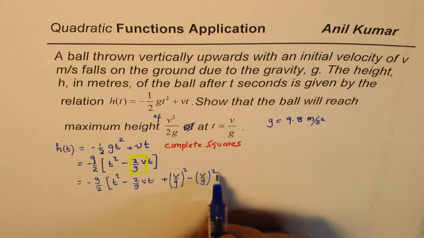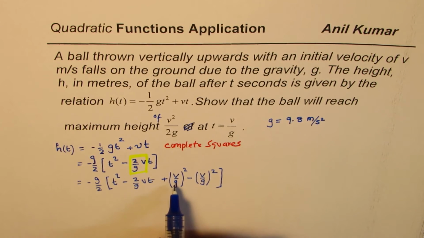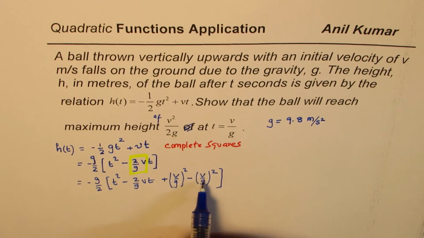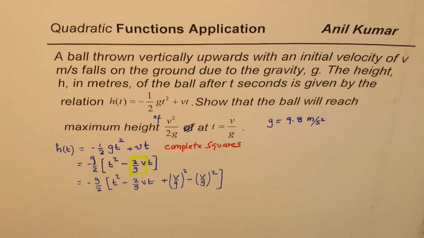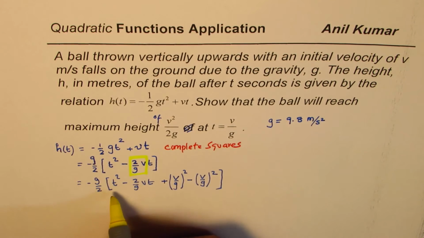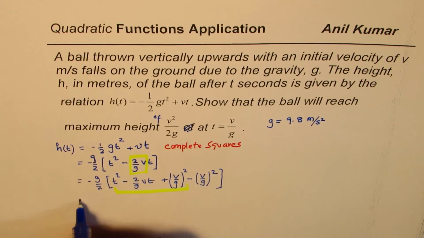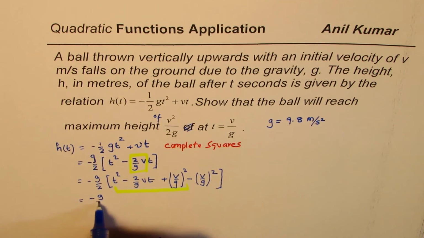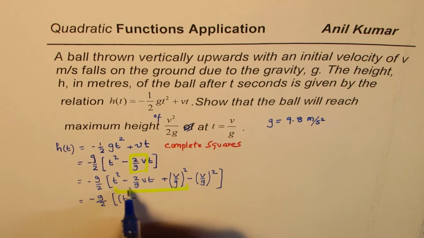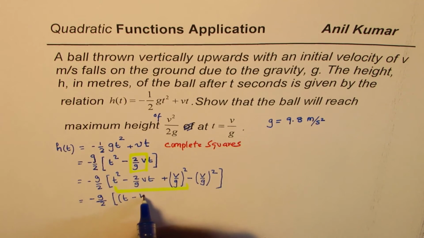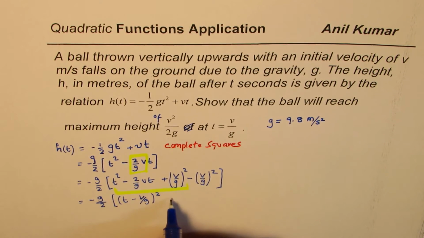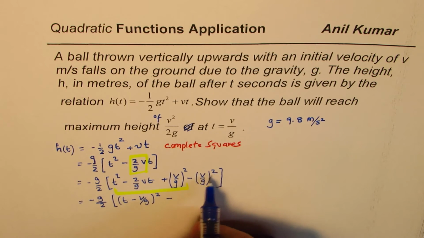This is called completing the square. You add and subtract one value. Because you are adding and subtracting the same value, you're not changing the equation. But a useful change happens: these three terms become a perfect square. So we could now write this as minus g by 2, or half g, times t minus v over g whole square, and this term is left. Let's multiply, square it.